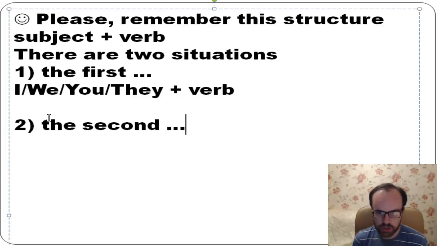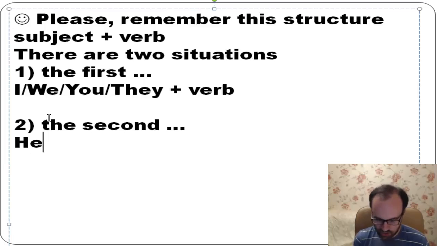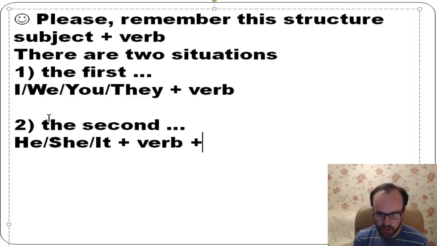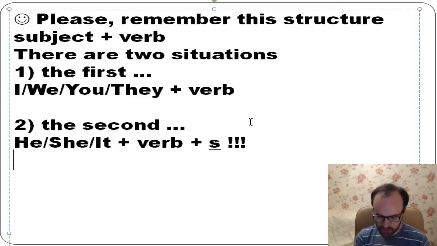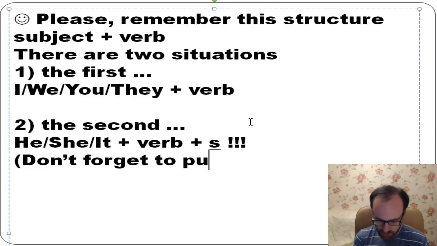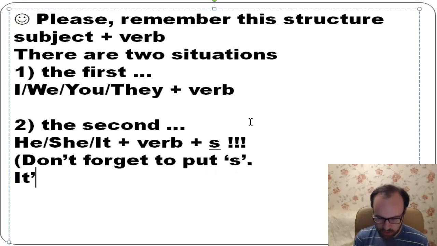Situation number 2 is when you have he, she, it plus verb plus s. Please don't forget to put s. It's so important.